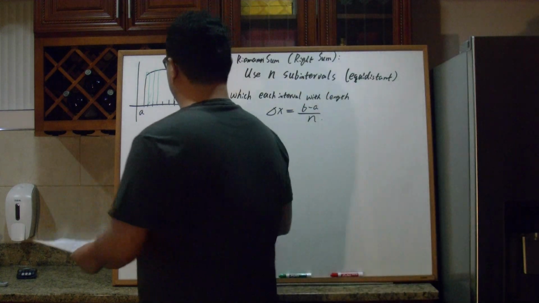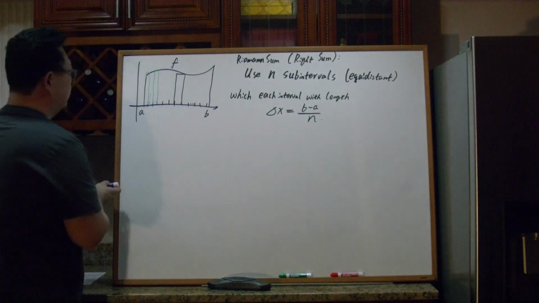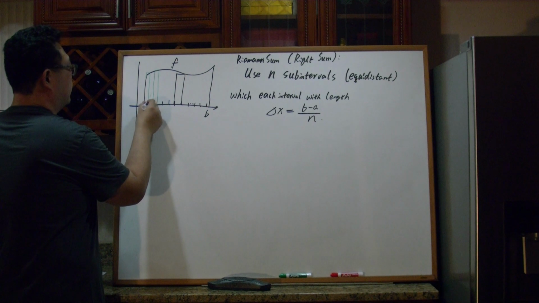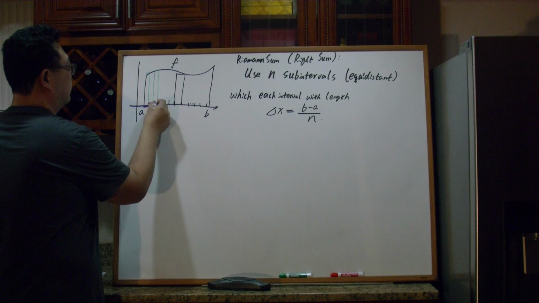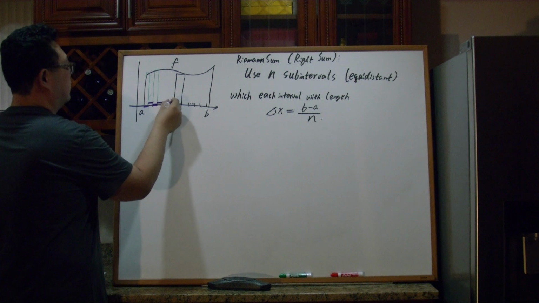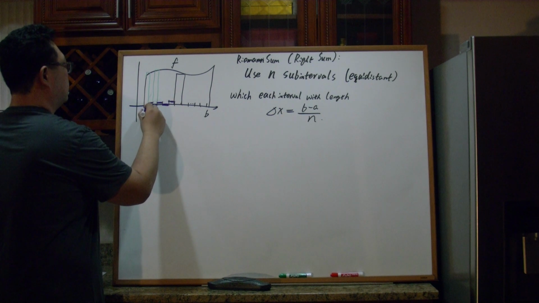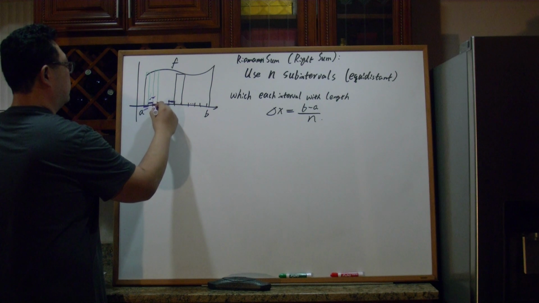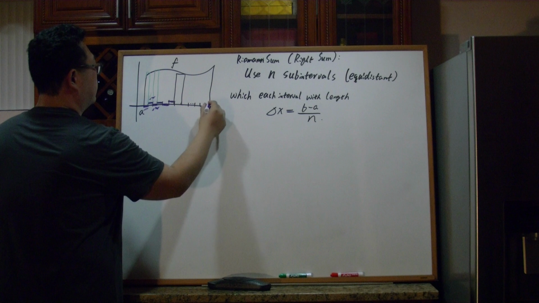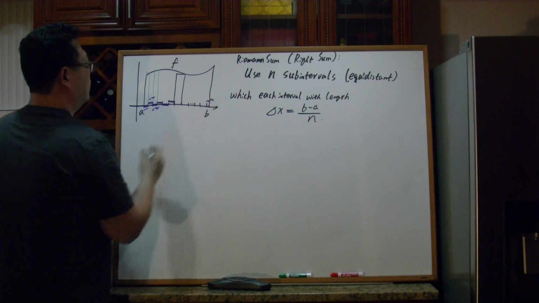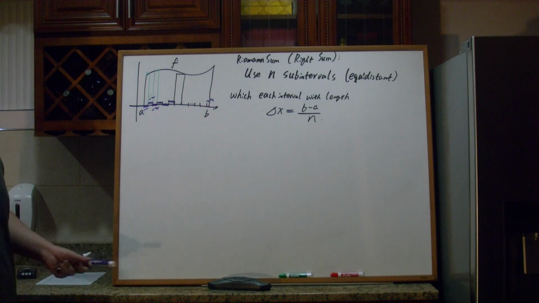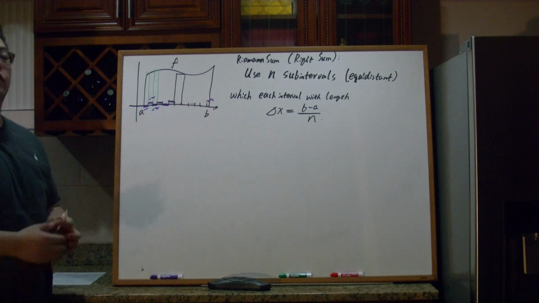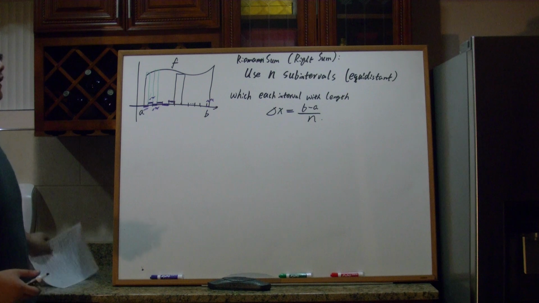So in our picture we have the first subinterval, the second, the third, the fourth, the fifth, the sixth, and of course at the end, the nth. Each one has the length delta x equal to b minus a over n.